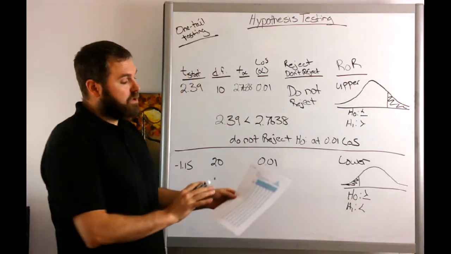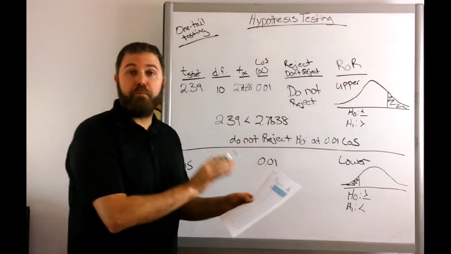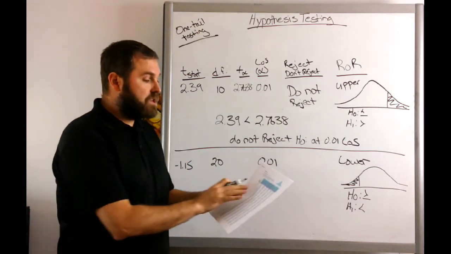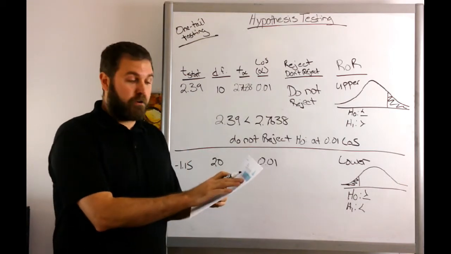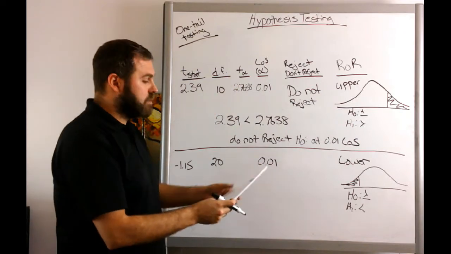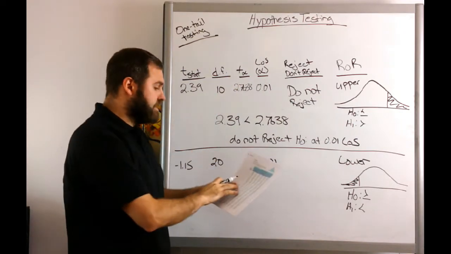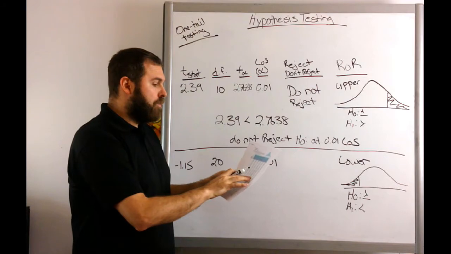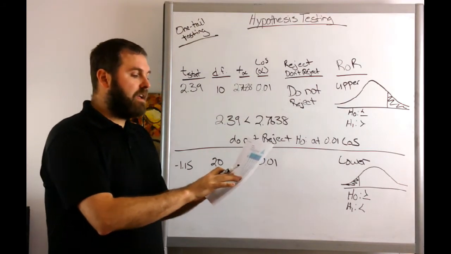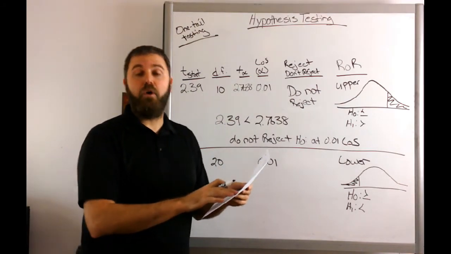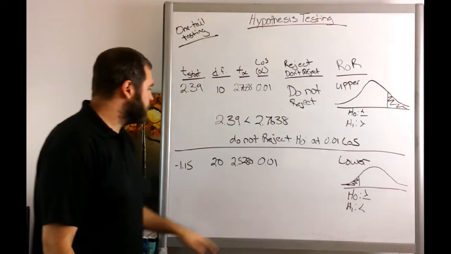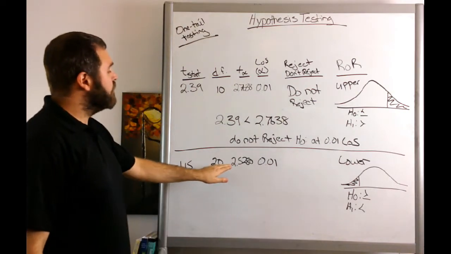Again, we take a look at our t-table, and because it's a one tail, we use just the upper tail area. At 0.01 and 20 degrees of freedom, we have a 2.5280 critical value of t.